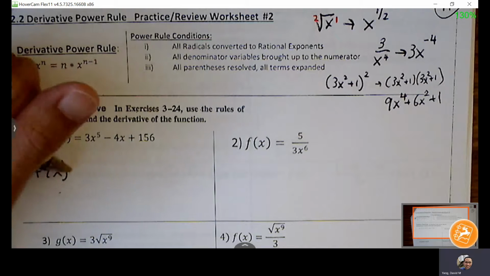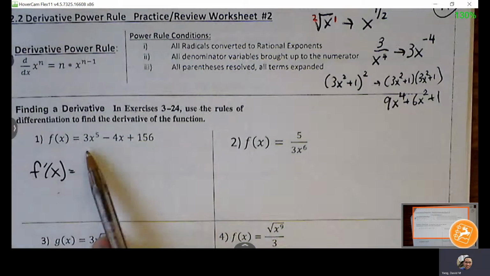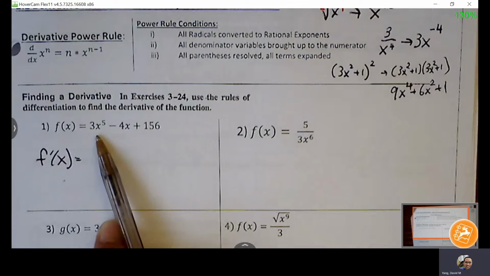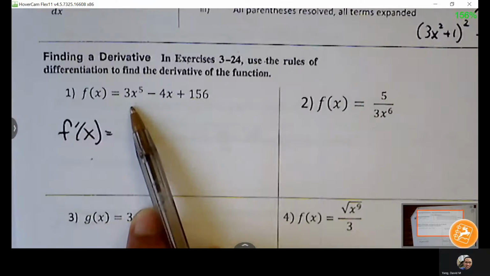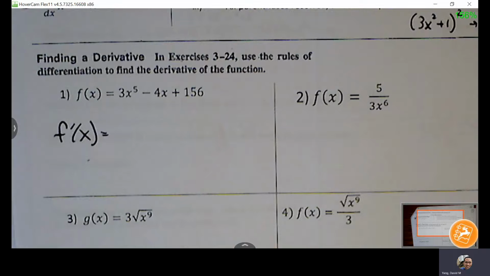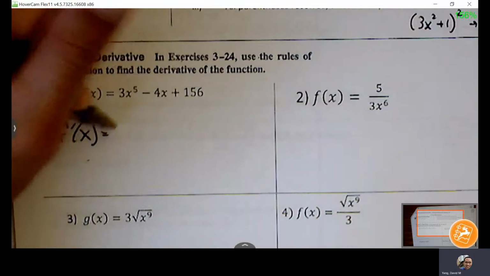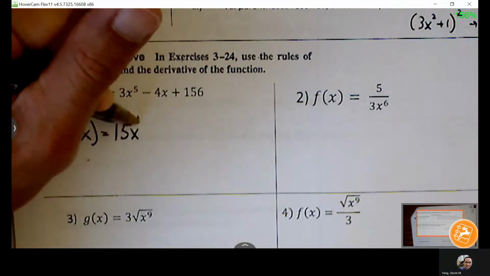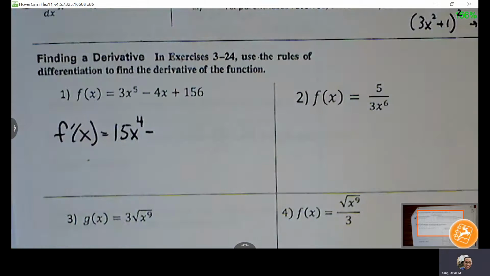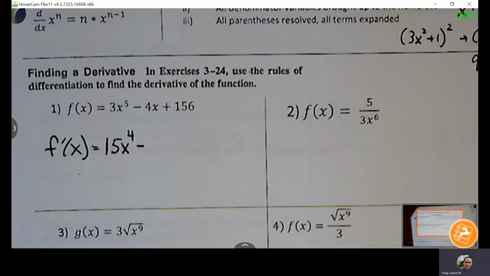F prime equals, okay, Mario, I'll try this one here. What's 3x to the 5th going to turn into? Good. And then 4x, what's 4x going to turn into?